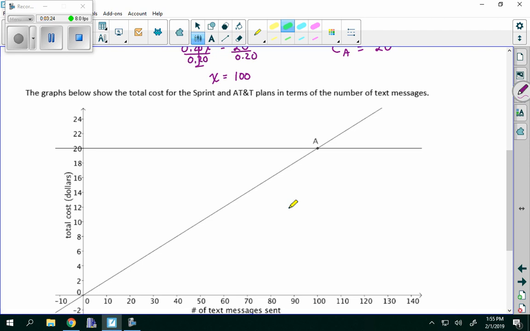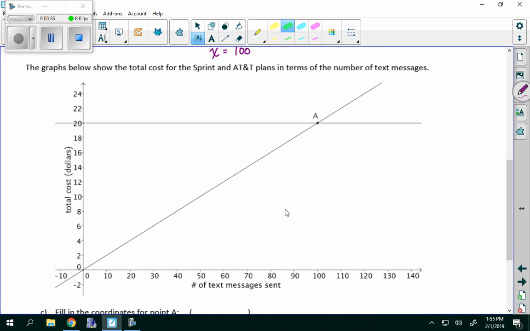The graph below shows the total cost for the Sprint and AT&T plans in terms of the number of texts. First, make sure you know which line represents the cost for the Sprint text plan and which represents the cost for AT&T.